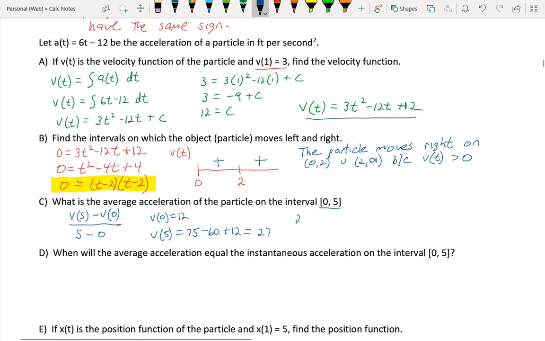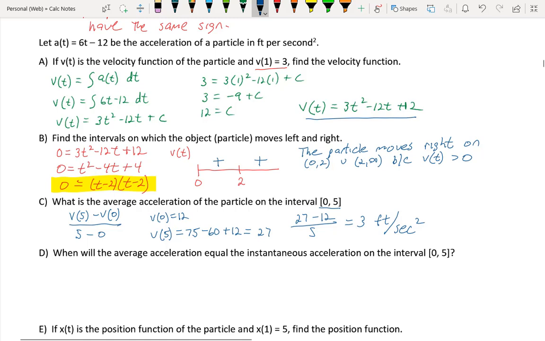Alright, so here we go, let's plug them in. 27 minus 12. Now 5 minus 0 in the denominator is just 5. So this is 15 over 5, which equals 3. Average acceleration, what are we talking about here? We're talking about feet per second squared. Okay? So you have to remember the correct units on there as well.